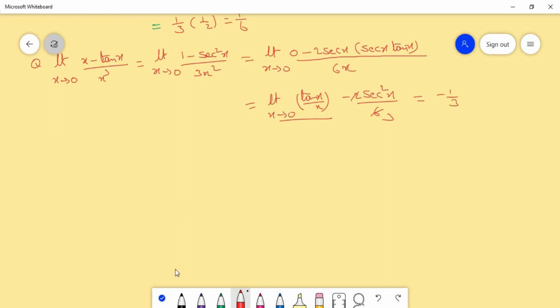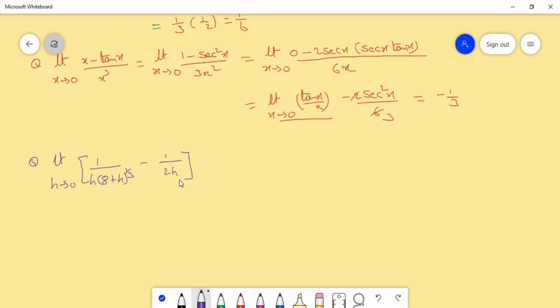Right? And next, one more problem. Limit h tends to 0, 1 by h into (8 plus h) power 1 by 3 minus 1 by 2h.